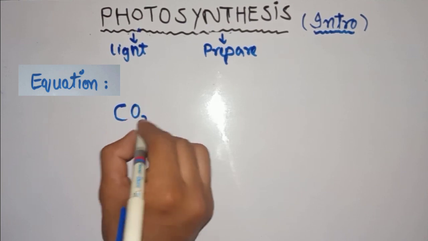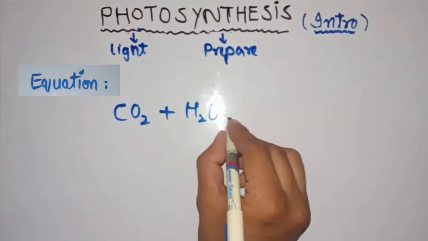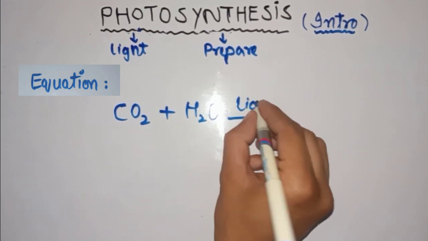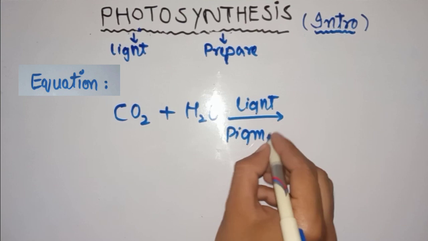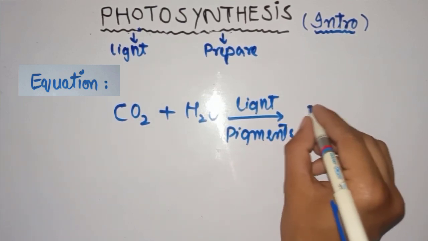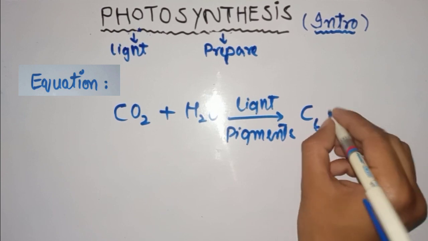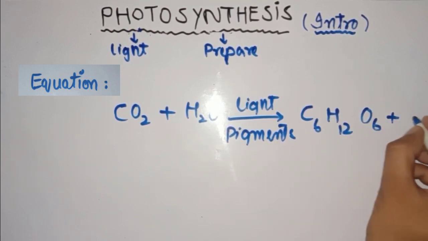Carbon dioxide reacts with H2O in the presence of sunlight, and the sunlight is captured by different pigments, and the product which we get is C6H12O6, and oxygen is also released as byproduct.